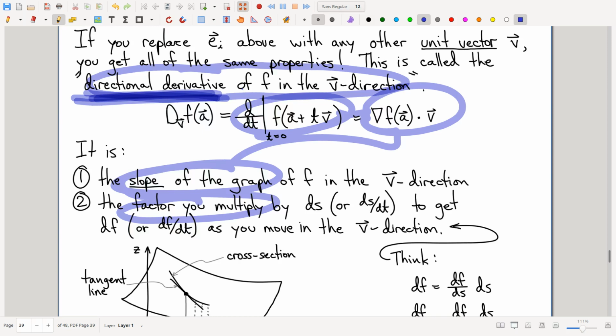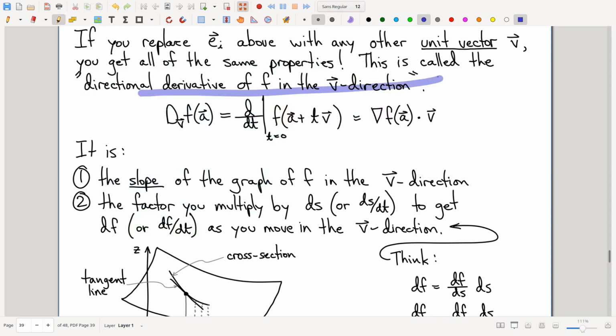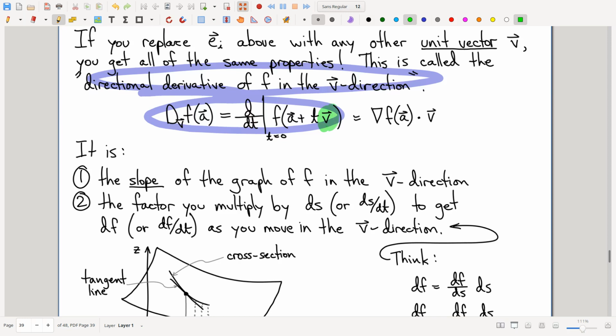All right. So, a bunch of free information. I can define this thing called a directional derivative by this formula. You can see right here that this addresses the question of what happens when I move in the direction of some unit vector, presumably not a standard basis vector, any unit vector, and I'm moving in that direction.